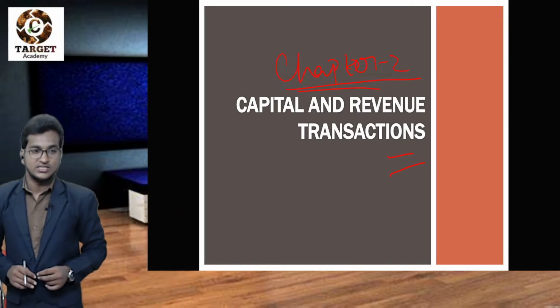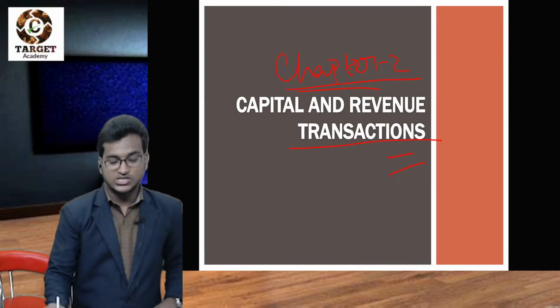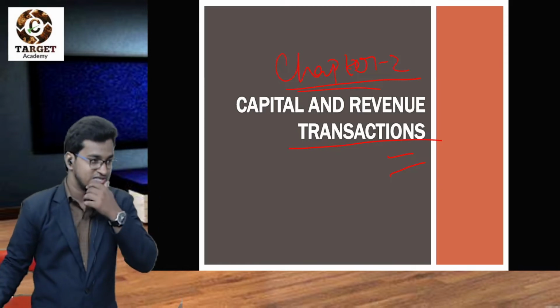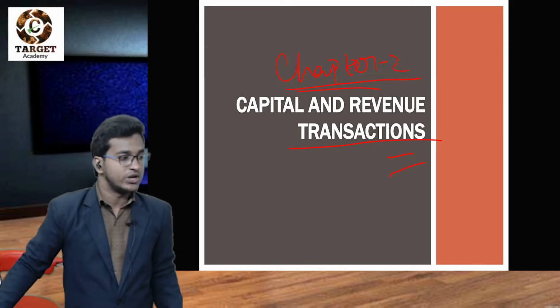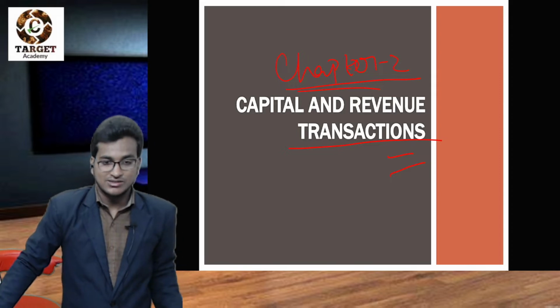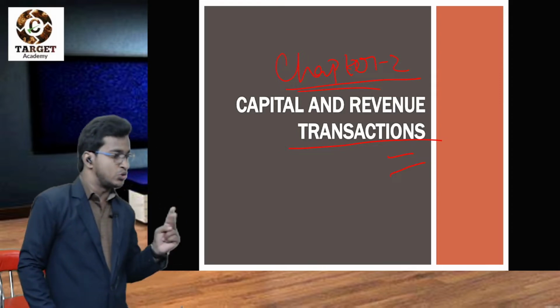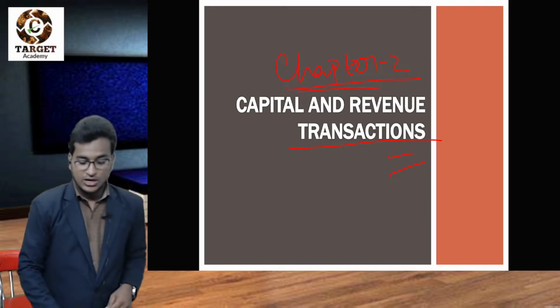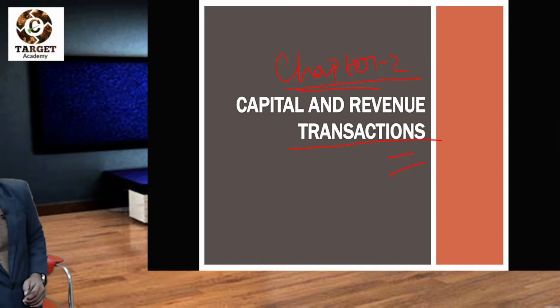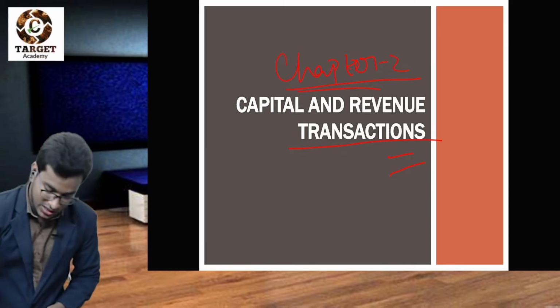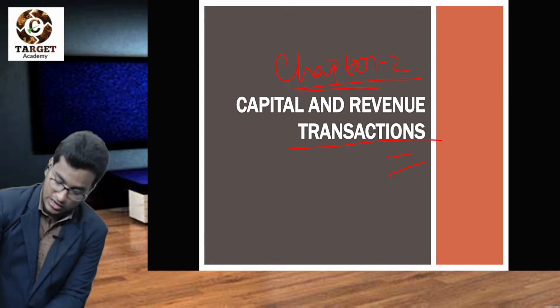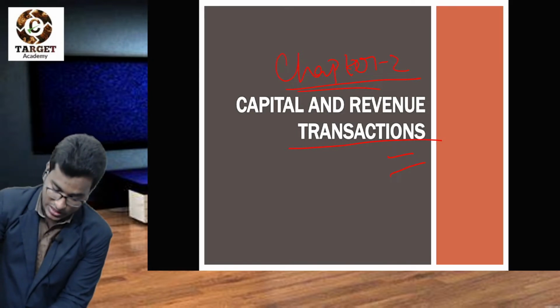Here, transactions means, you know that in chapter number 1 we discussed transactions are two types: cash transaction and credit transaction. In the same manner, we can divide transactions into two types: capital transactions and revenue transactions.